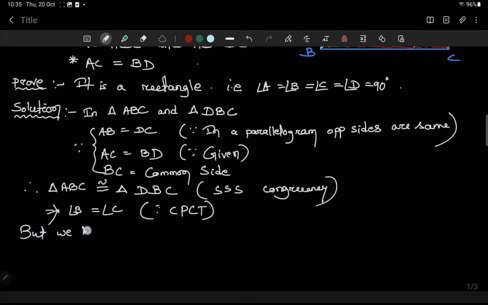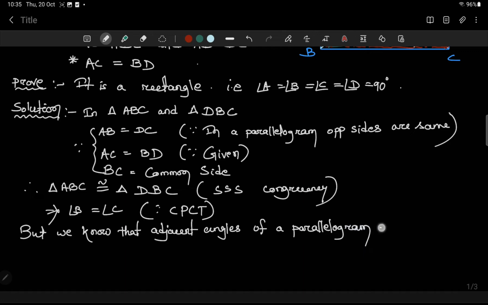adjacent angles of a parallelogram are supplementary. Yes or no?